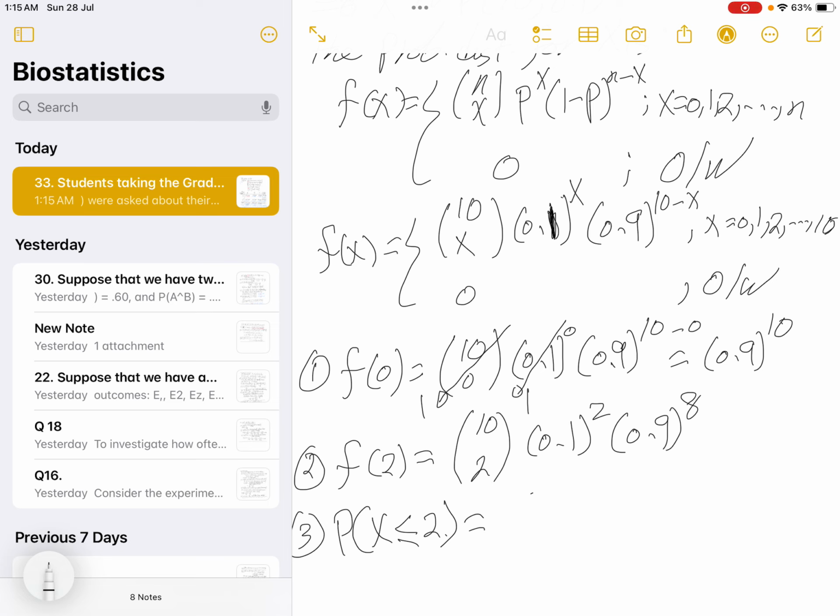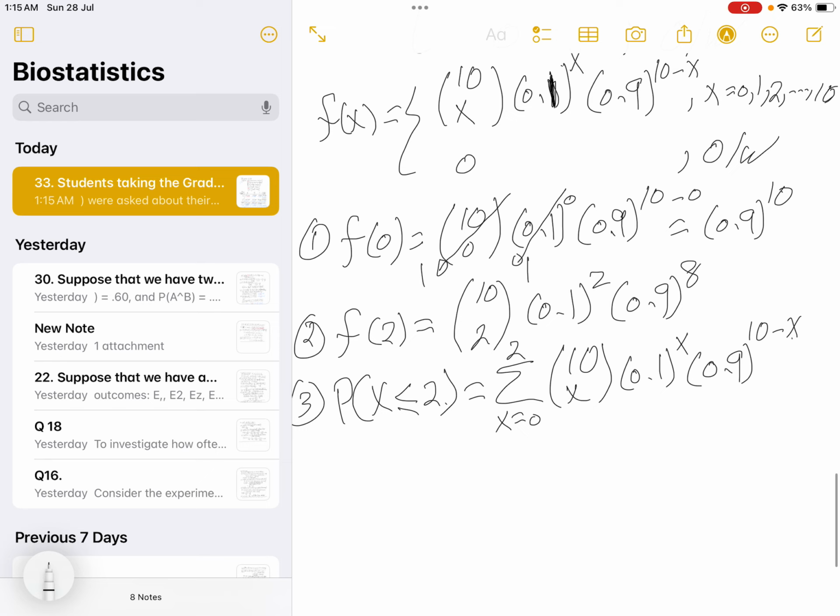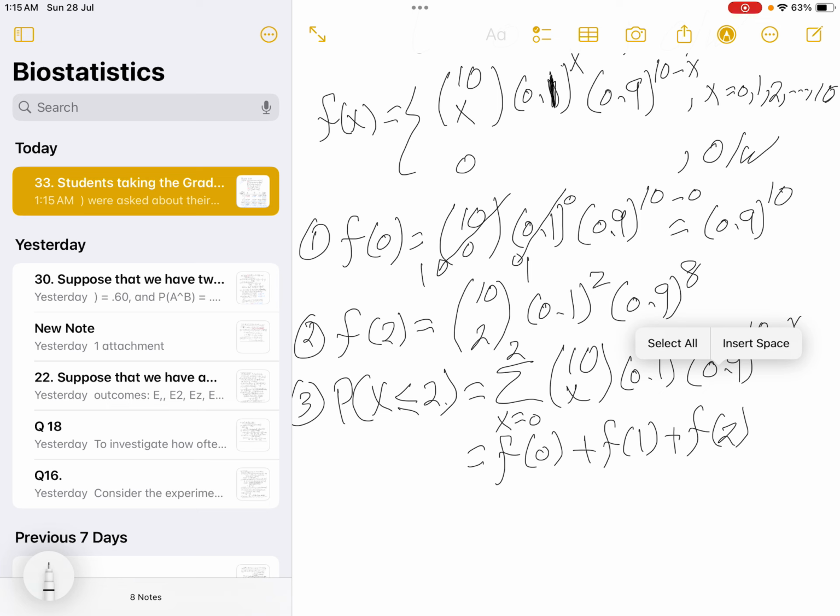Here you will have x from 0 to 2, 10 over x, 0.1 to the power x, 0.9 to the power 10 minus x, which means that you will find f0 plus f1 plus f2, but leave it as it is. I accept it.